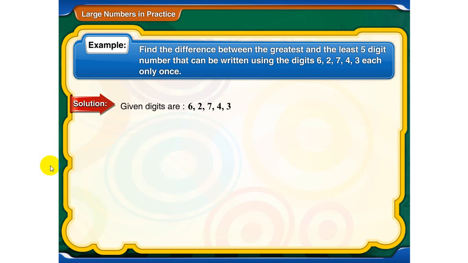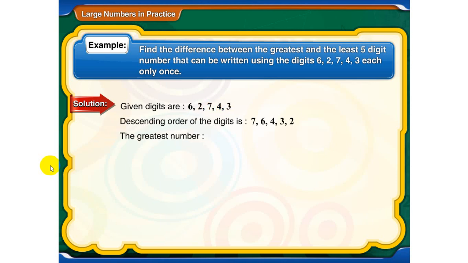Here the given digits are 6, 2, 7, 4, 3. To find the greatest number, we have to arrange the given digits in descending order. Descending order of the digits is 7, 6, 4, 3, 2.